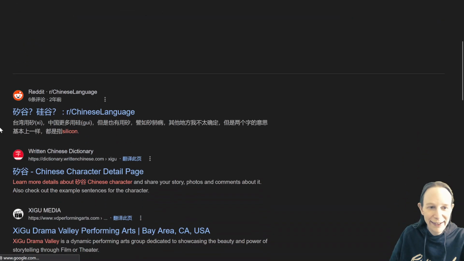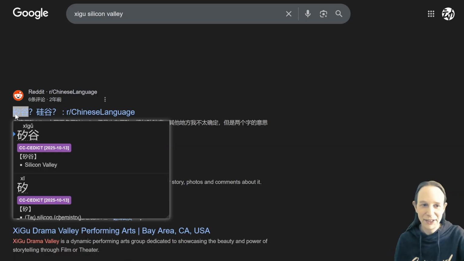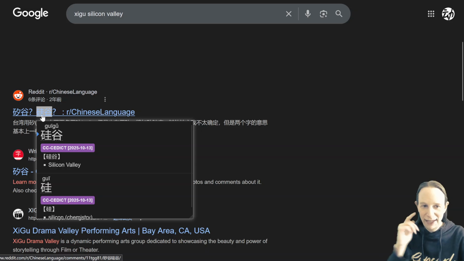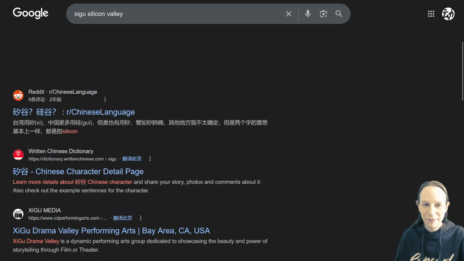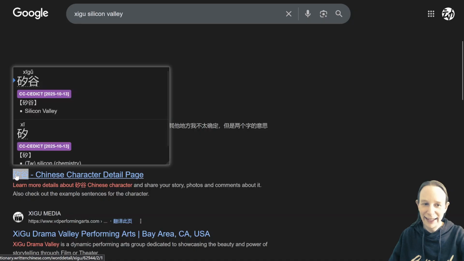Will it just give me the characters? This one. So this is the Taiwan version, and Guigu is the mainland version. Oh yeah, it even says here 台湾用西 and 中国更多用龟. But they're the same thing. What it means is when you're reading the news about Silicon Valley, if they're writing in Taiwanese, you can encounter this one.